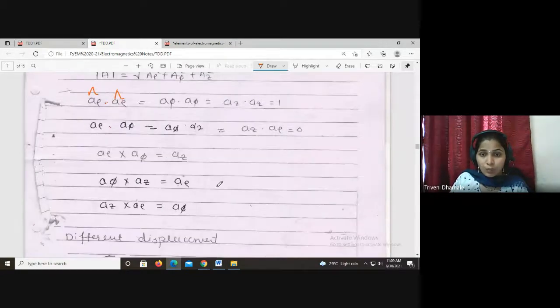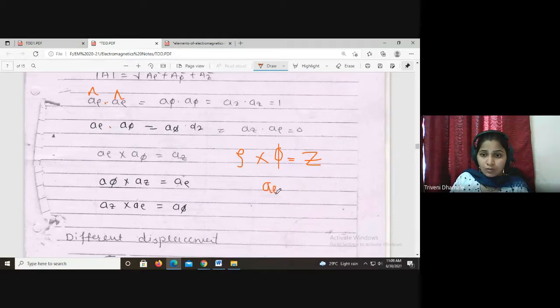Okay, now one more concept is there. There is a cross product, right? So when rho, phi, z is there, when we take the cross product of rho and phi, the resultant is the remaining third unit vector. So a rho cross a phi is az cap, but you have to go in the clockwise direction.